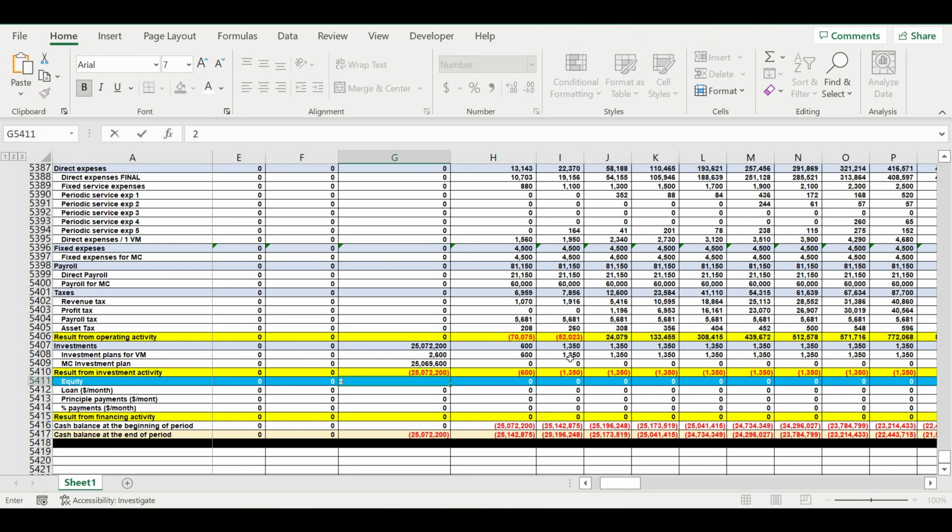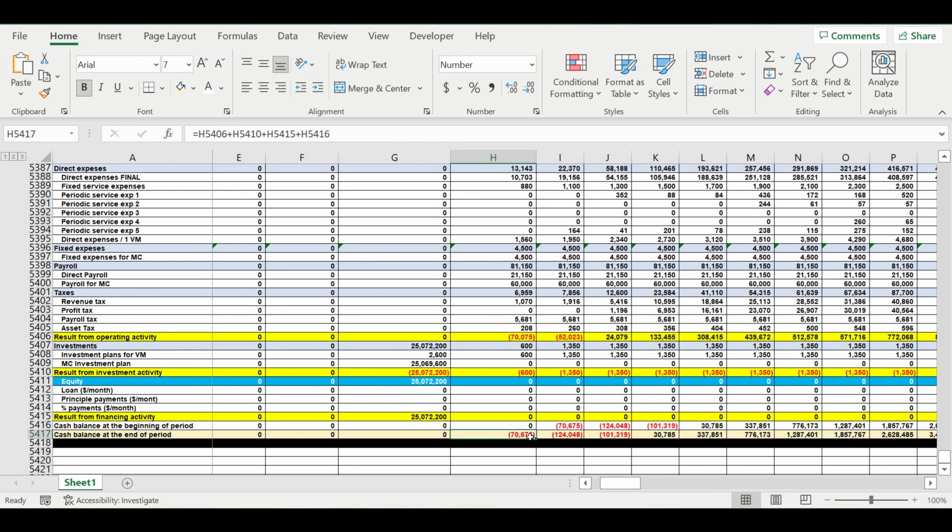So for example, then you look here, see the value, take it with the opposite sign, then you go here.